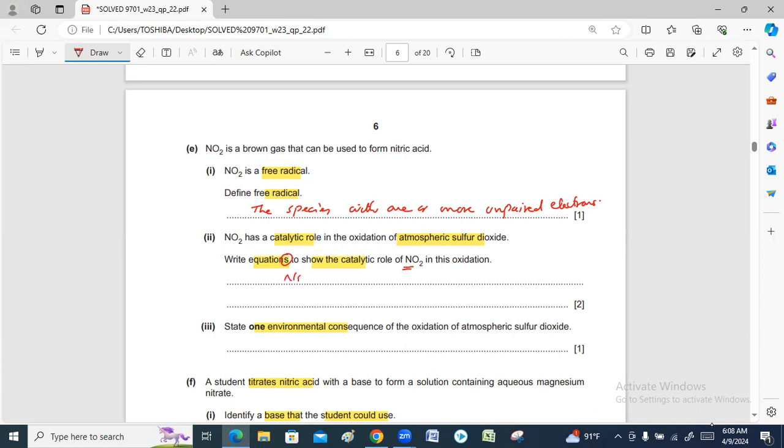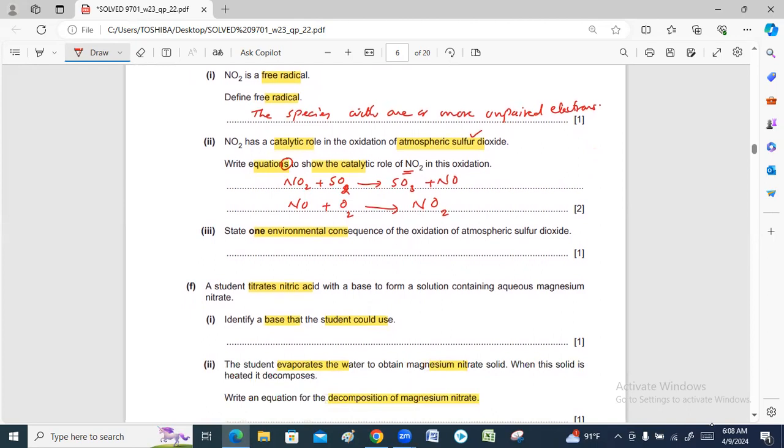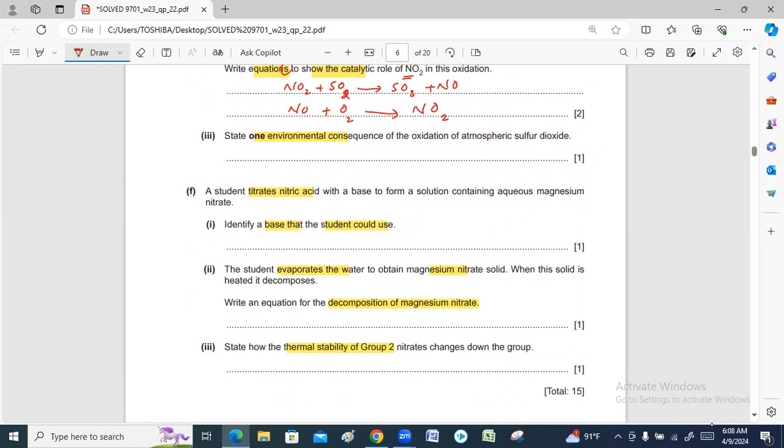This is the reaction between NO2 and sulfur dioxide, and we will get sulfur trioxide and NO. So the NO, if it combines with more oxygen, we will get NO2. So this is the catalytic nature of NO2, that NO2 is consumed in the first process, and then we are getting it back at the end, because a catalyst is not used up, it remains as it is at the end of the reaction.